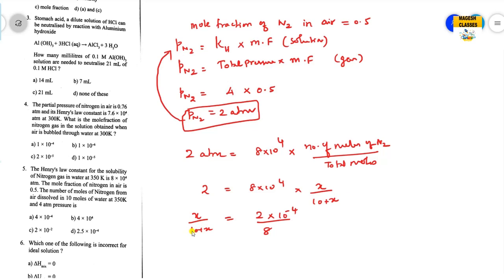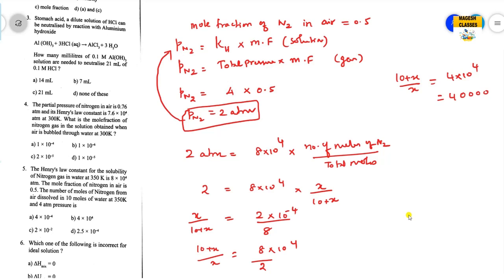We can write X by 10 plus X is equal to 2 divided by 8 into 10 to the power of 4, so it will be 10 plus X by X is equal to 8 into 10 to the power of 4 divided by 2. This will be 10 plus X upon X is equal to 4 into 10 to the power of 4, so this is equal to 40,000.